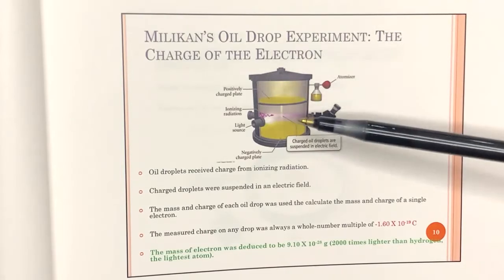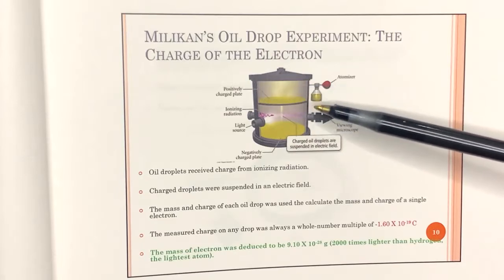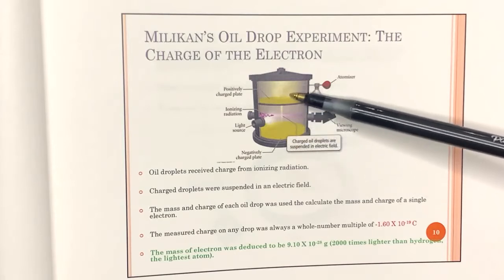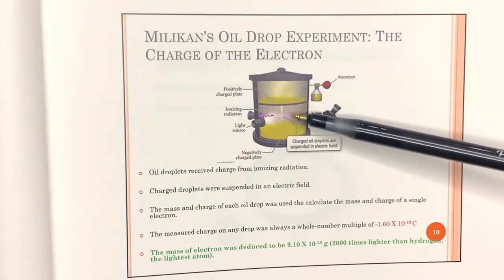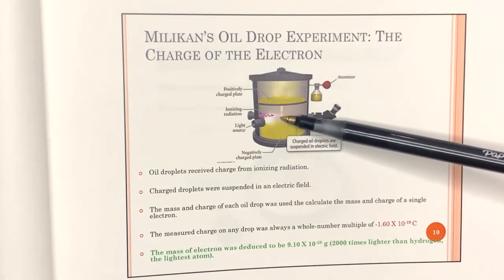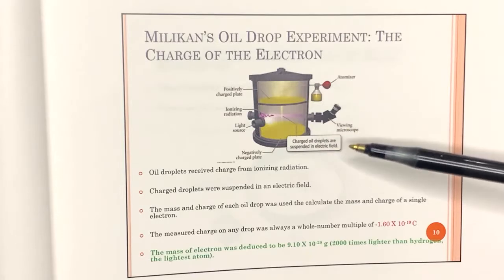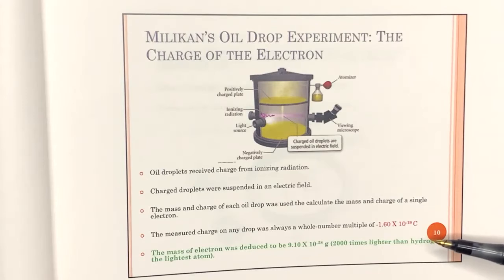There's a positive charge plate and a negative charge plate, so he can modify the charges on the plates and control the droplets once they're ionized. The droplets can either free fall or float, kind of dancing up and down. Based on this experiment, he was able to measure the charge of an electron.